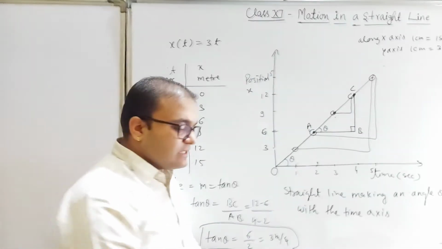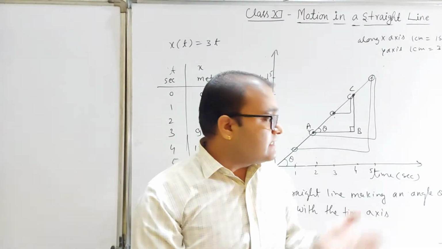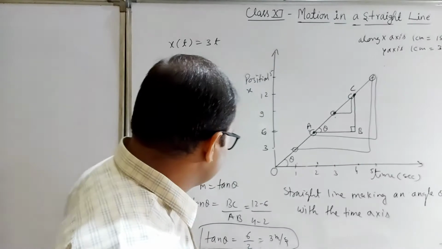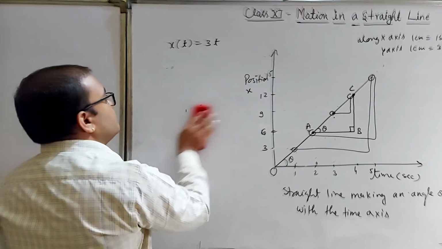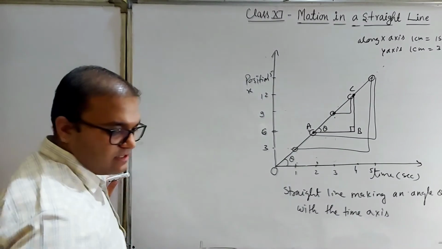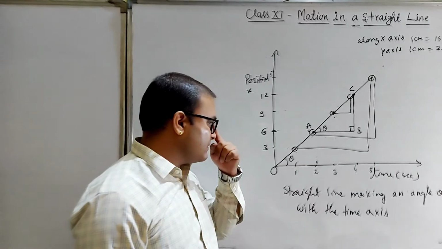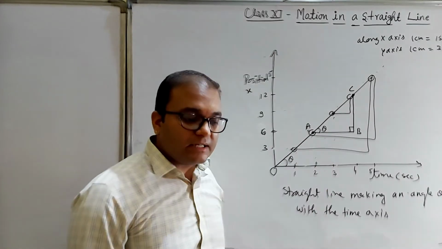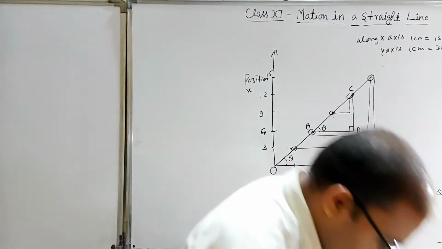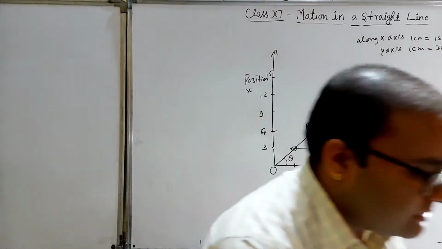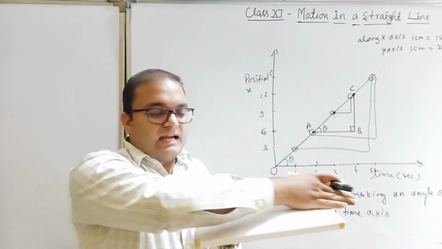So in the next lecture, or rather, I want to tell you one more point. Please remember here. Actually, what is slope here? Slope means the tangent of the angle which the graph makes with the time axis. Suppose this is a copy, and suppose this is the time axis.